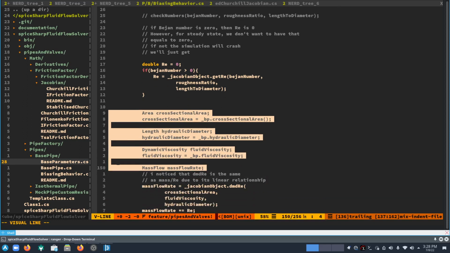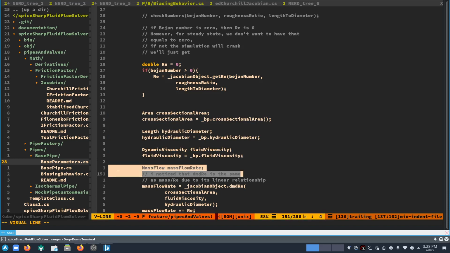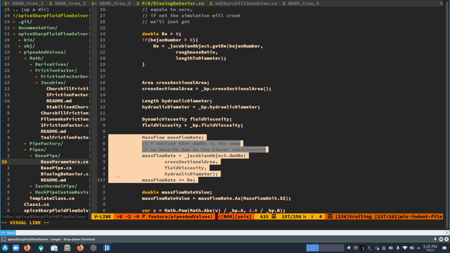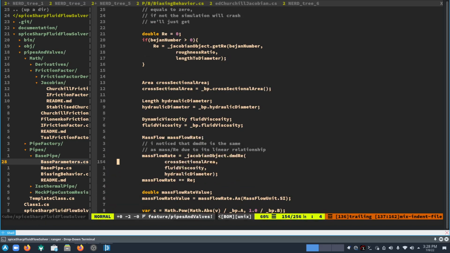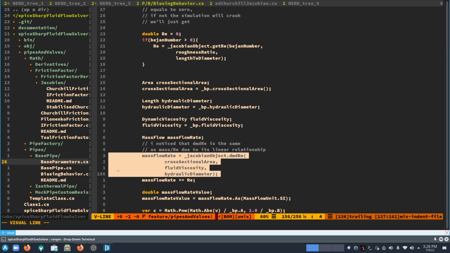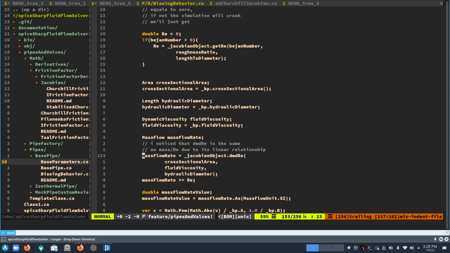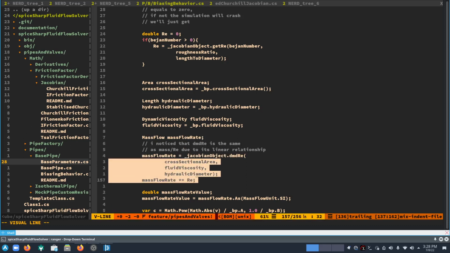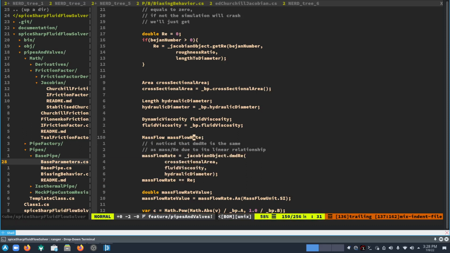So cross-sectional area, mass flow rate, everything will be gotten from these three terms here, which I get from the base parameter. The mass flow rate will be dmdRe times the Reynolds number. So for the mass flow rate, the Jacobian object, I get the dmdRe term, and then I get the Reynolds number right here.